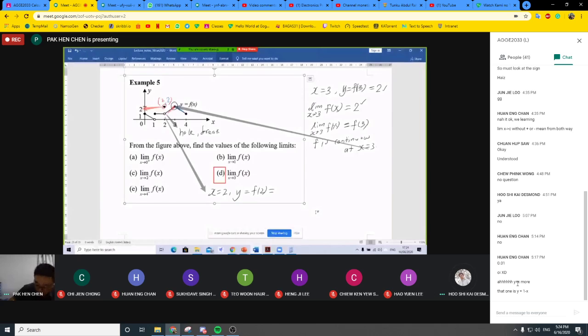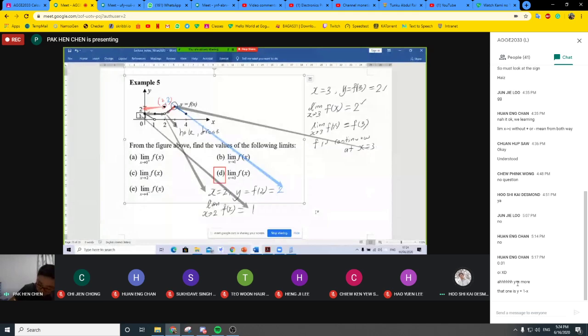Yeah. Okay, compared to the limit value that you have found out just now, the limit of f(x) as x approaches 2 from the left and right is 1, isn't it? Correct or not? Yes.